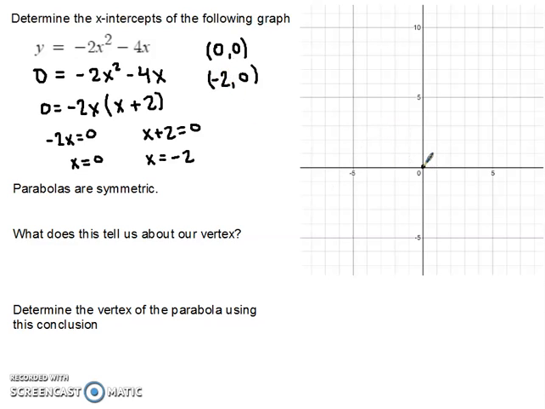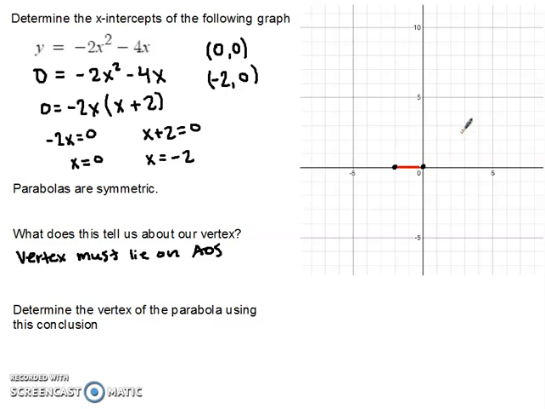So x is 0, x is negative 2, and again, parabolas are symmetric, which means the vertex must lie somewhere on the axis of symmetry. So we just need to figure out where that is. I'm going to take the whole distance between my 2 points. So that whole distance here I can find by subtracting.